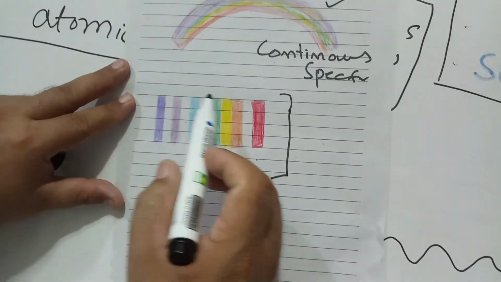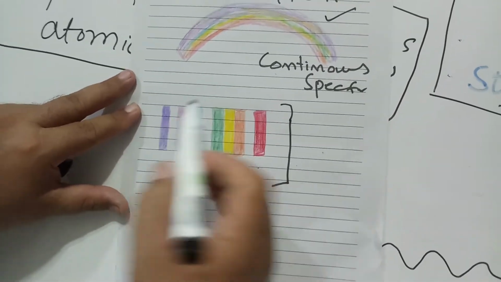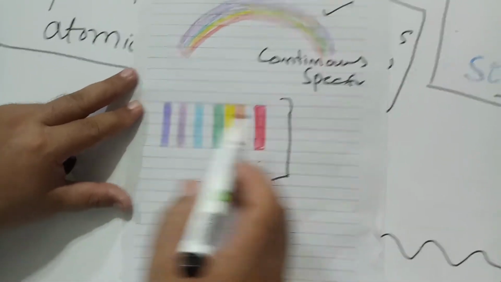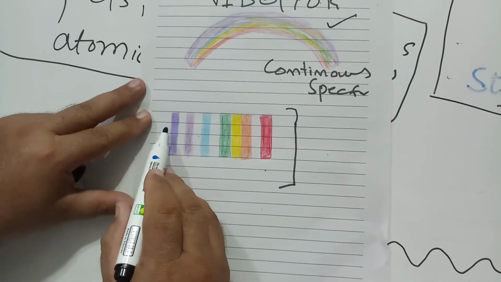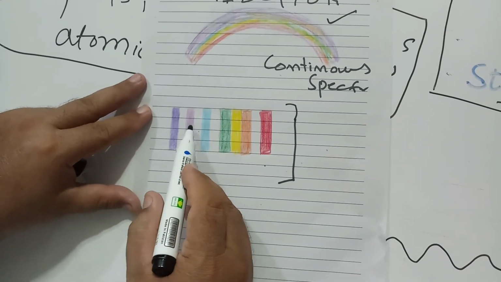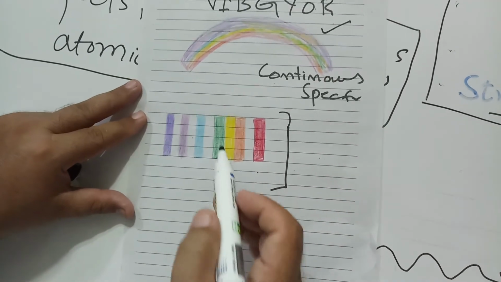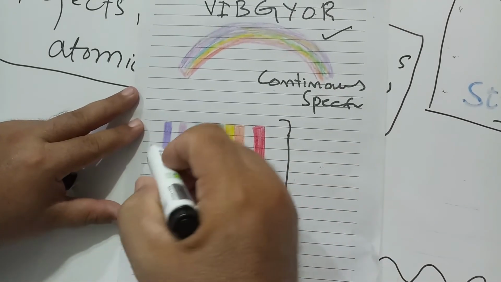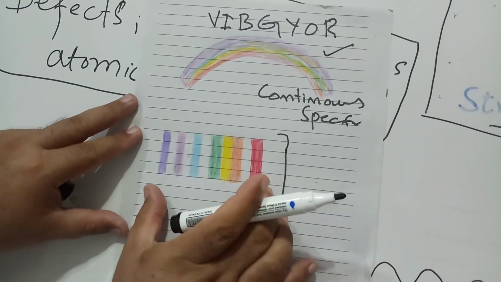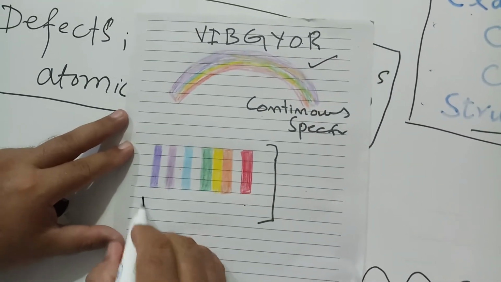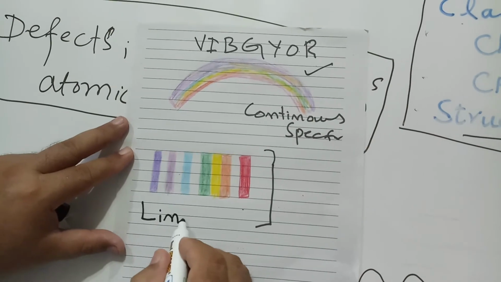All the colors, the spectral lines, are separated from each other by sharp boundaries. This starts here, ends here. So all these have sharp boundaries. This arrangement is called a line spectrum.